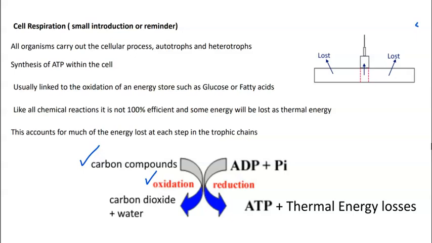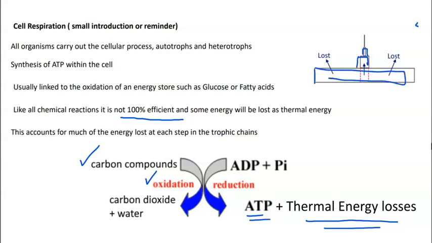This oxidation is never 100% efficient, and as a consequence of this, in the reduction to form adenosine triphosphate, energy is lost in the form of thermal energy. The consequence of this is that as we move from one trophic level to the next, energy is being lost to the environment in the form of thermal energy. Energy transfers are not 100%.